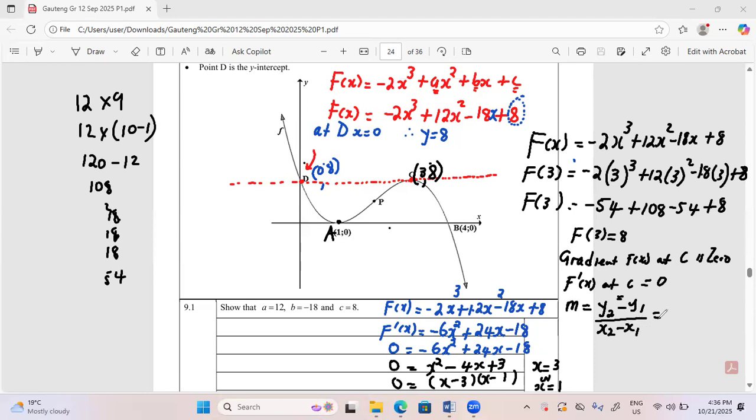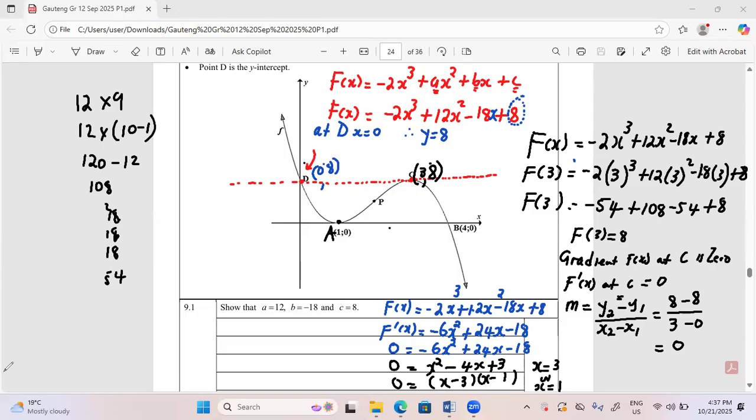If you calculate the gradient there, y2 is 8, y1 is 8, x2 is 3, x1 is 0. So the gradient is 0. So indeed, this line that passes through D and C is tangent to F at the point C, because the gradient of the line at that point is 0, and the gradient of F at C is also 0. So Kusai's statement is very valid.